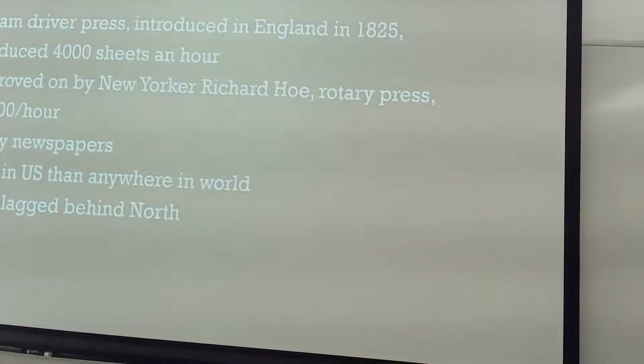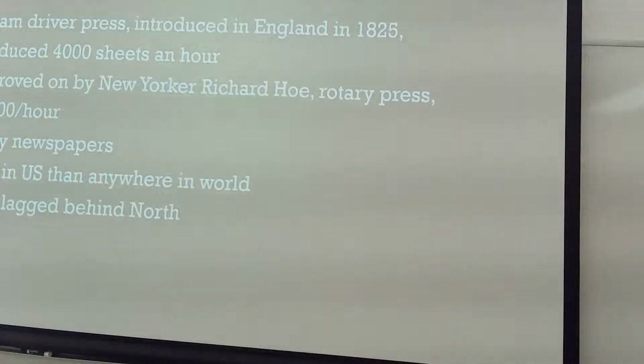And part of this were newspapers. Even in the colonial period, we had an unusually large number of newspapers, and this just keeps growing. The steam-driven press, which was introduced into England in 1825, made newspapers even easier to print. You could print 4,000 sheets an hour.